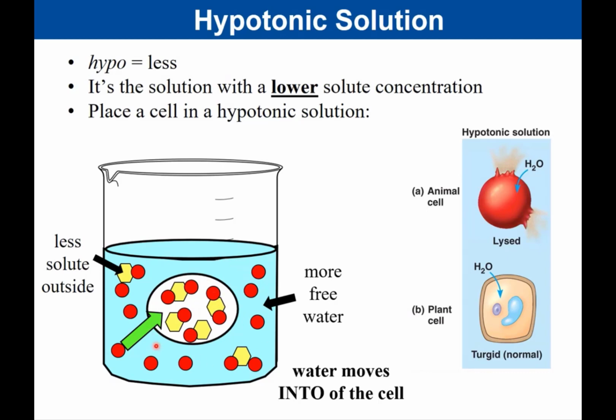It has more solutes relative to the solution. So again, always be careful when you're using the terms hypertonic and hypotonic. Which one are you referring to? Are you talking about the solution or are you talking about inside the cell? And so in this scenario, the solution is hypotonic relative to the cell, or you could say the cell is hypertonic relative to the solution.